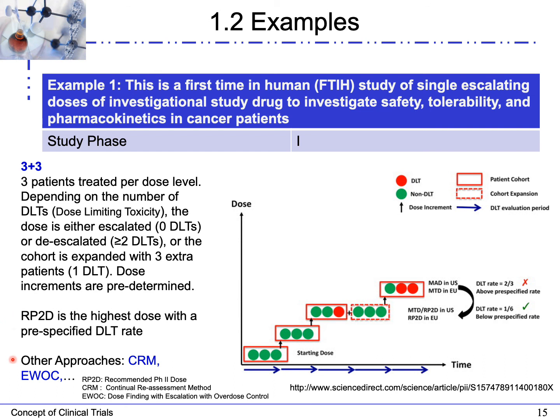And so other approaches like continual reassessment methods or the dose finding with escalation with overdose control are designed using a Bayesian approach and have been proposed to give a smoother identification of the optimal doses for the phase 2.